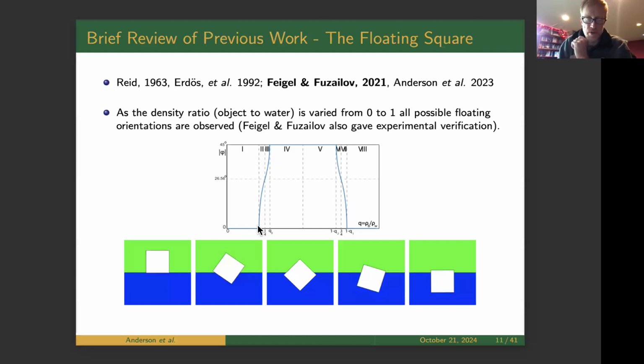So as you cover this little window, a little bit less than 0.25 and a little bit greater than 0.25, you get these off or tilted shapes, and then there's a similar one over here for 0.75. Okay, so that seems kind of interesting, even though the square is quite a simple shape to think about.